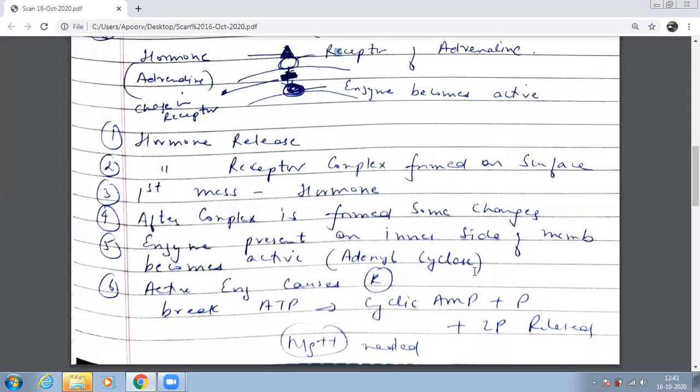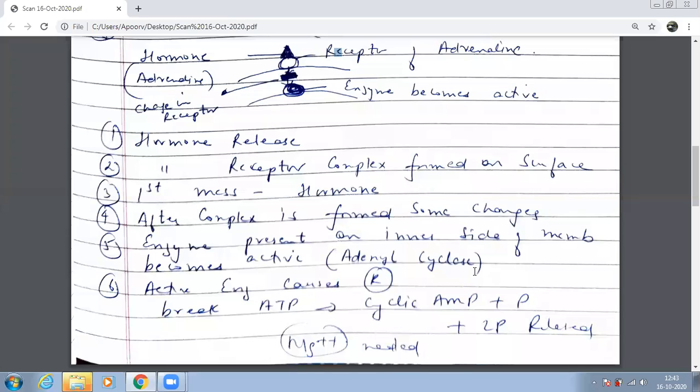When the hormone binds with this receptor, you get a complex. Now there will be some changes in the receptor, because of which the enzyme present inside becomes active. In this case, which enzyme has become active? Adenyl cyclase. Once it becomes active, it will cause one reaction to take place, and that reaction is the breaking of what?